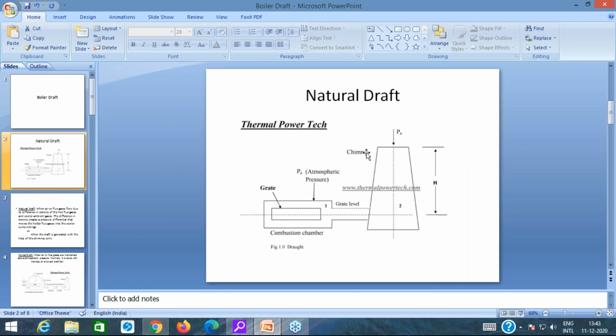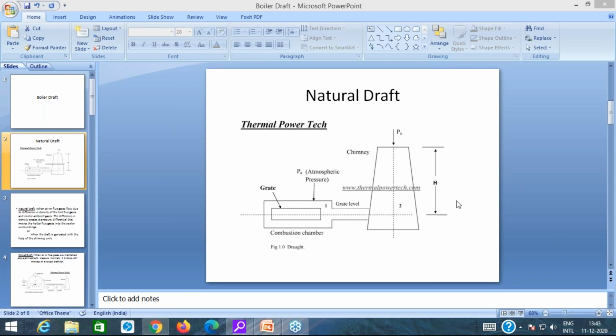There is a power plant, there is a chimney. Without fans, if you are able to circulate the air through the combustion chamber and throw out the flue gases, using the chimney height only and the density difference, what you can achieve is called a natural draft.